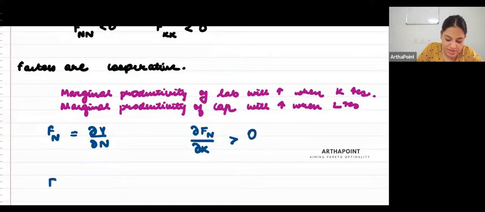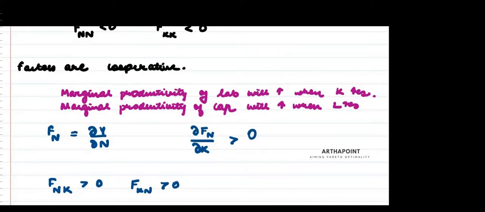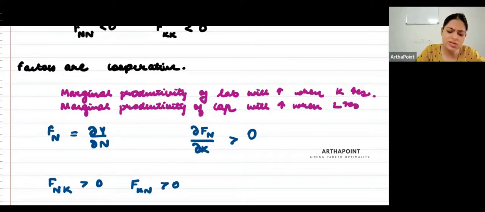So we are saying Fn, marginal productivity of labor, when differentiated with respect to capital, is greater than 0, or Fkn is also greater than 0. This is the meaning of saying that the factors are cooperative. Not productive, sorry, cooperative.